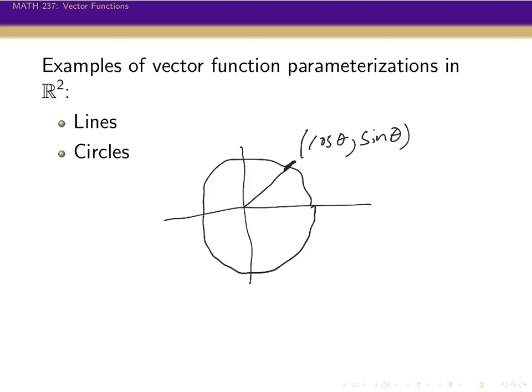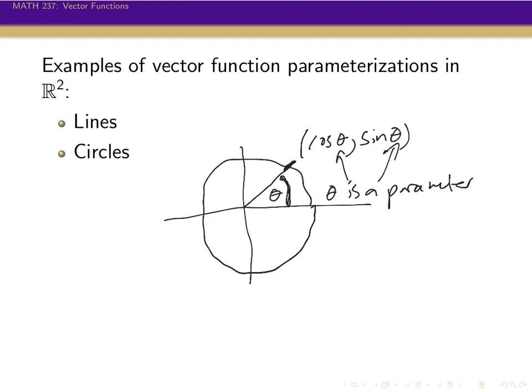This is a parameterization of the circle in terms of the angle theta, which is a parameter. As theta ranges from 0 to 2 pi, we're drawing out the entire curve of this circle.